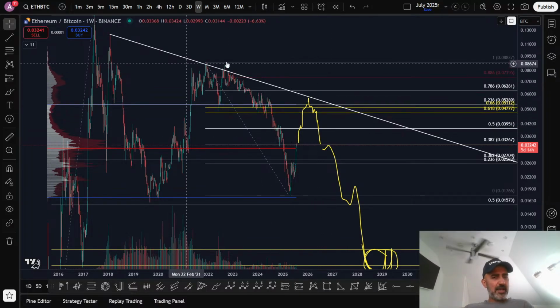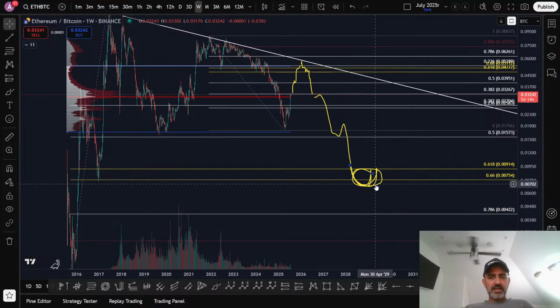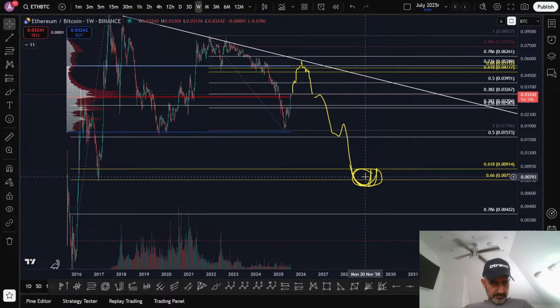And then maybe the whole thing is just looking more like bounce, lower highs, bounce, lower highs, bounce, and then crash. That's the accumulation moment of the ages. And that will be in some kind of 29, 28, 29 period.